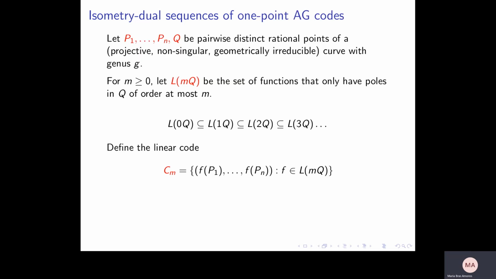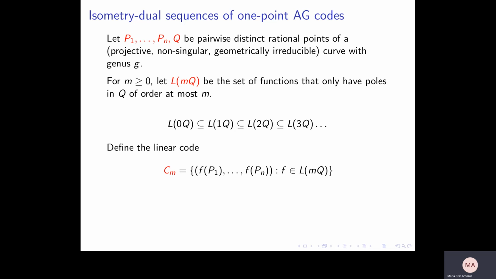Now we move to the area of algebraic geometric codes. We suppose that we have n different rational points which we denote P1 up to Pn, together with an even different point Q. Those all are rational points of a projective, non-singular, geometrically irreducible curve with genus g.